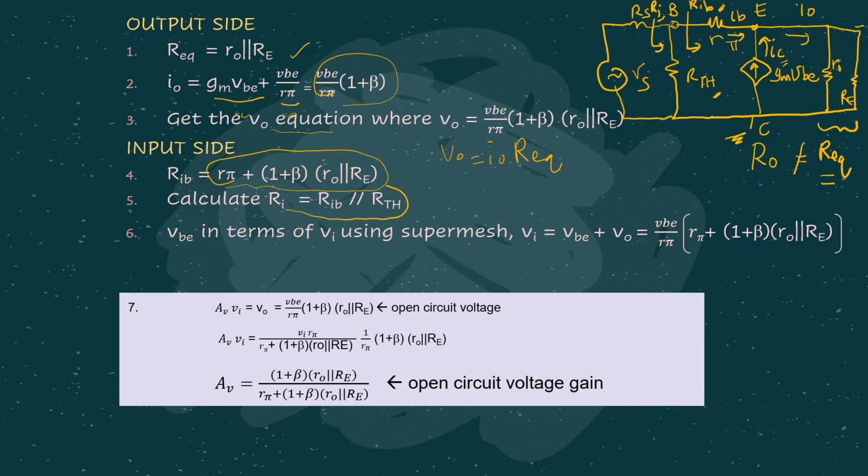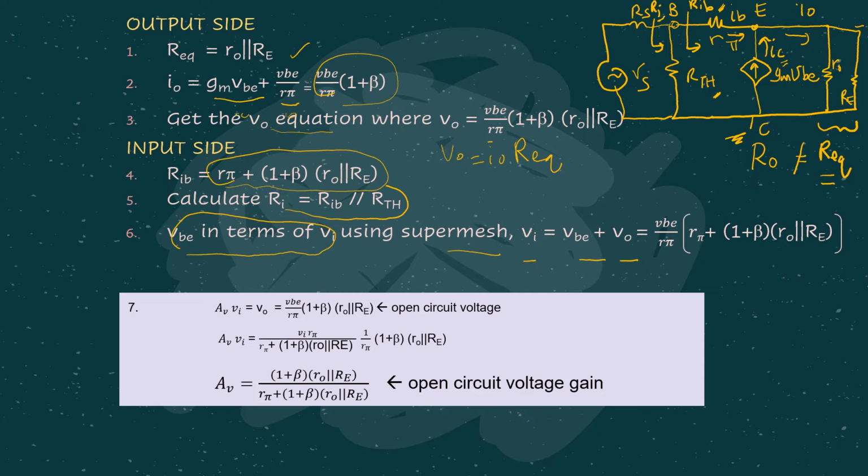And later we can relate VBE in terms of VI using super mesh. Okay, still remember super mesh? Maybe you need to recall later, but basically using super mesh we can somehow relate VI with VBE and V0, which next slide I will show you in detail.